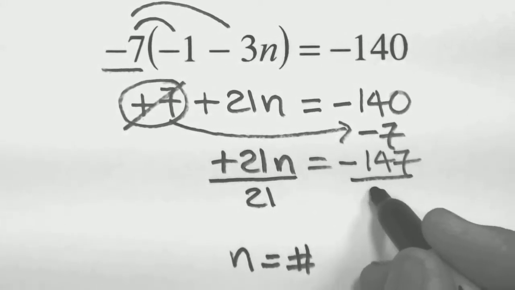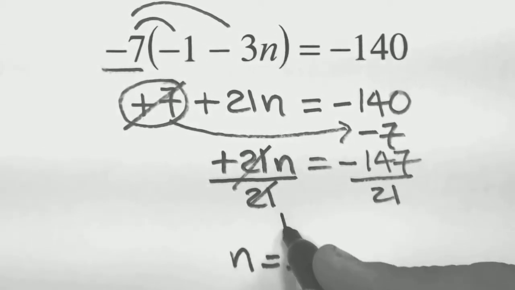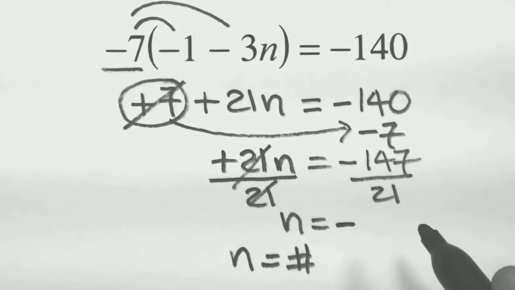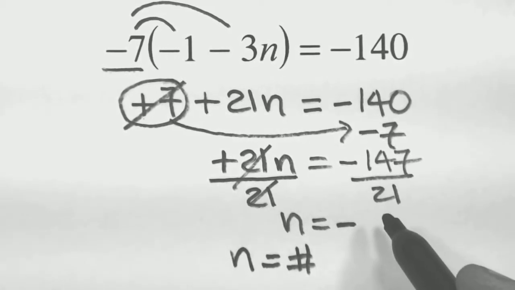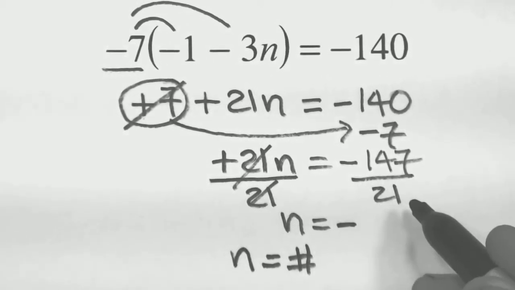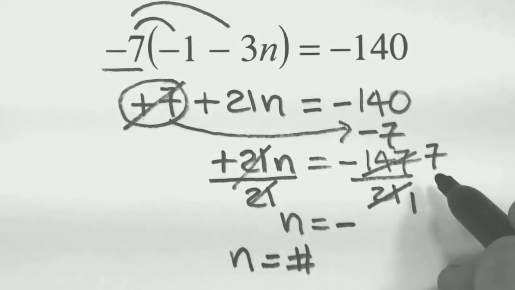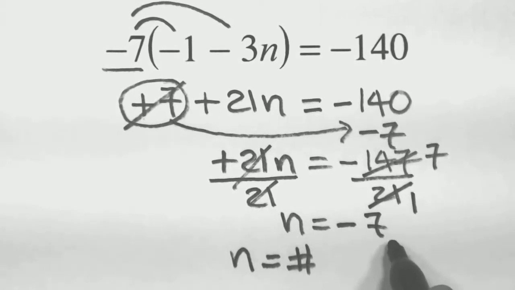I do it on both sides here. The 21s cancel out. I end up with n equals. There's a single minus sign over here, so the answer is going to be negative. And I think 21 goes into 147 7 times right on the button, doesn't it? 21 once here and 7 times here. So 7 over 1, my final answer here, n equals negative 7. And of course, that's what our goal was.